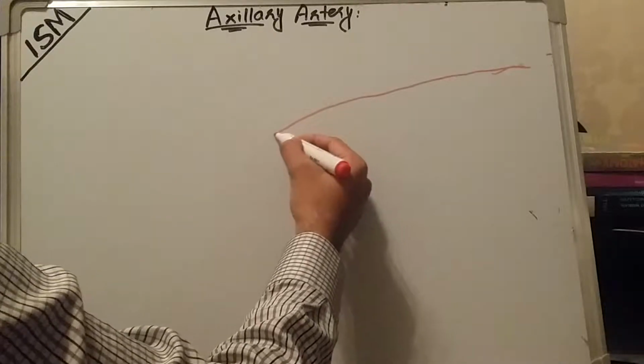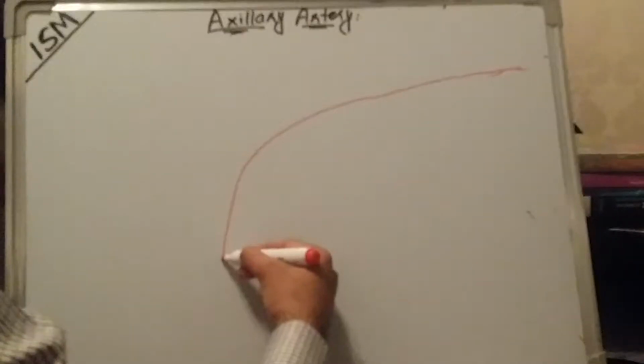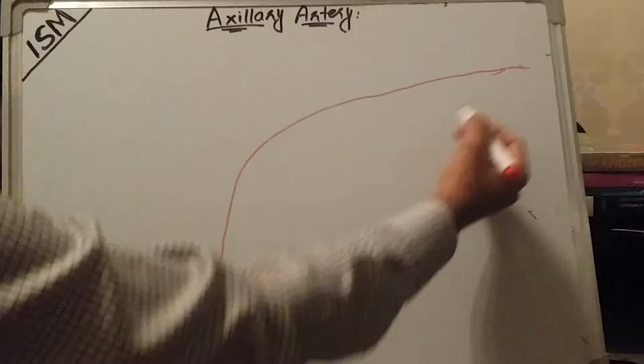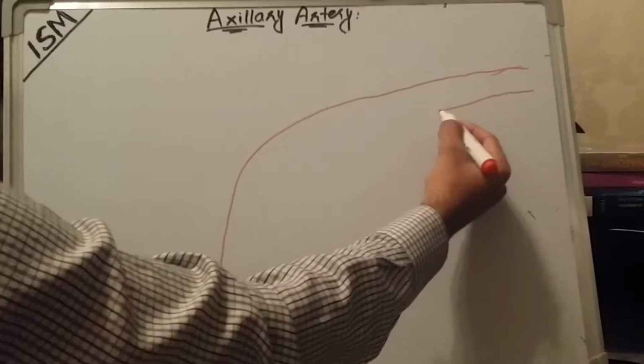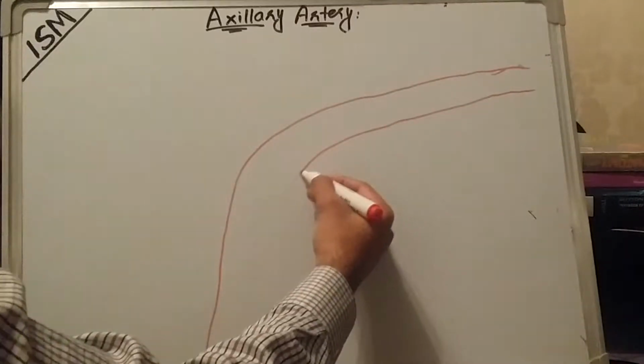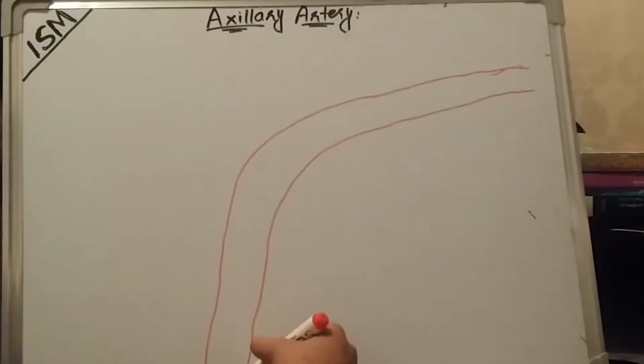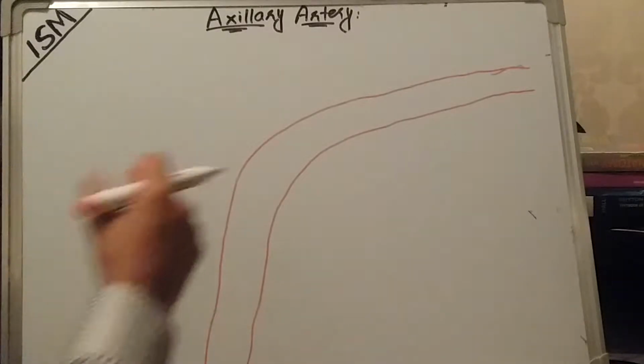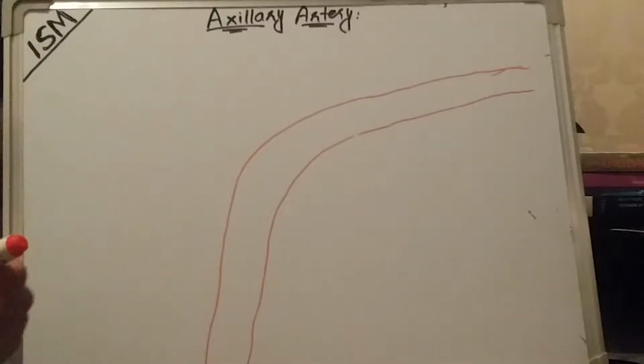Suppose this is our axillary artery, and here is the pectoralis minor muscle.